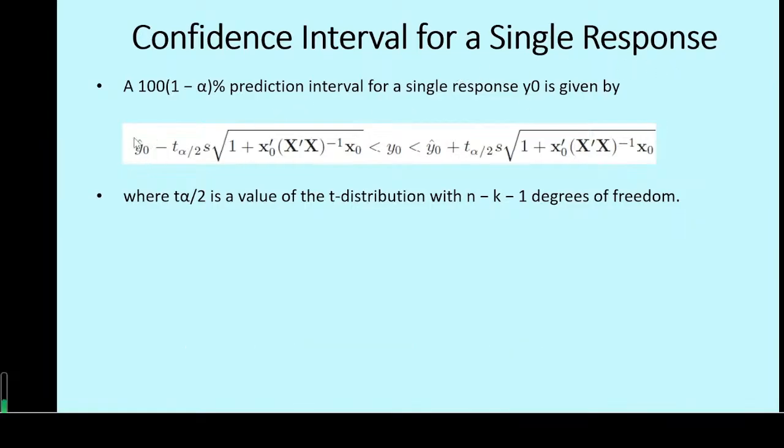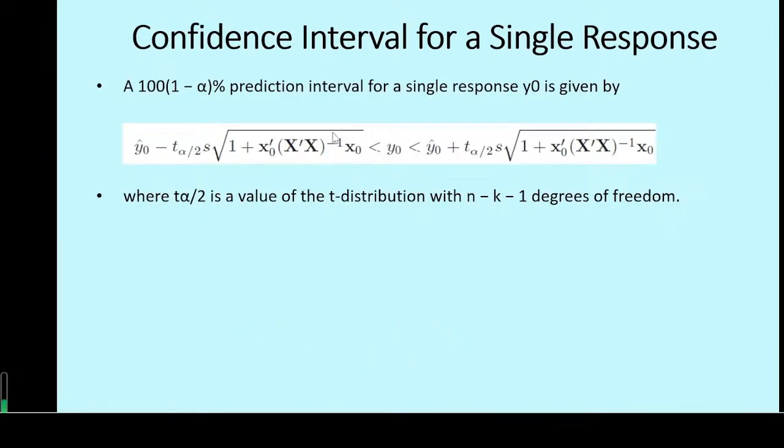It is actually the same as the point estimate for a mean response in multiple linear regression. But the difference is for the confidence interval, this single point estimate will minus a term, and also plus a term. This is the lower bound and this is the upper bound. So this is the confidence interval.